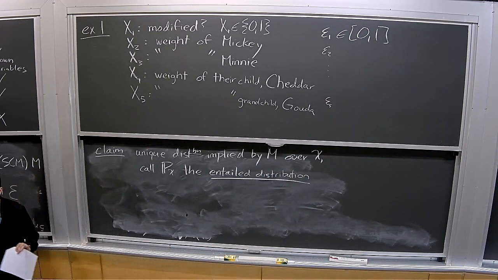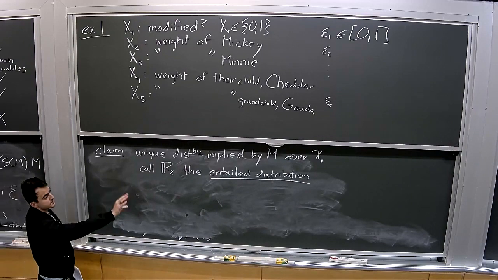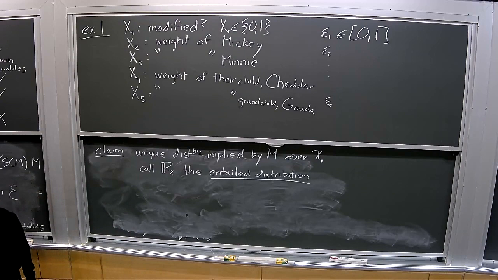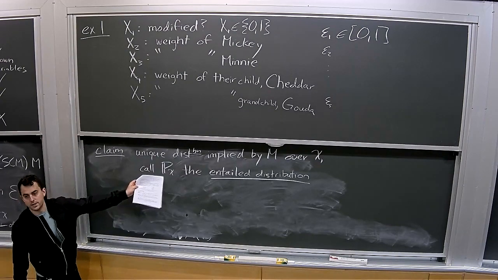If I don't do anything to the causal model, that immediately implies this distribution over my variables x. I call that the entailed distribution. I write it as p of x.